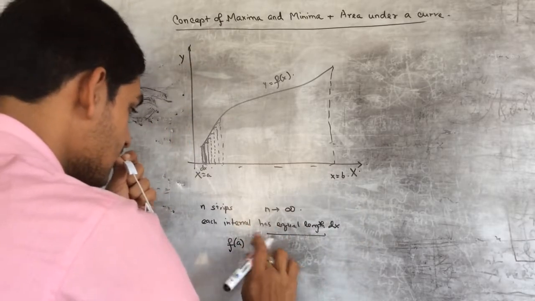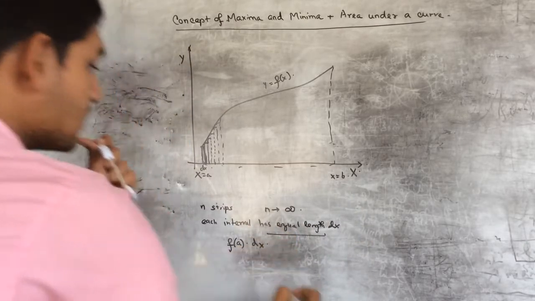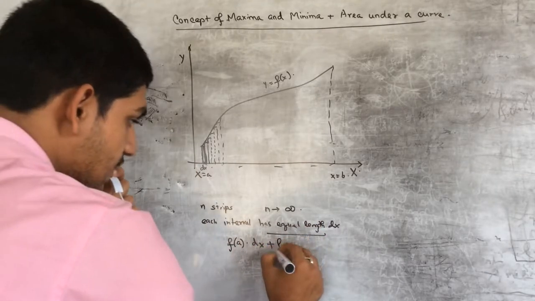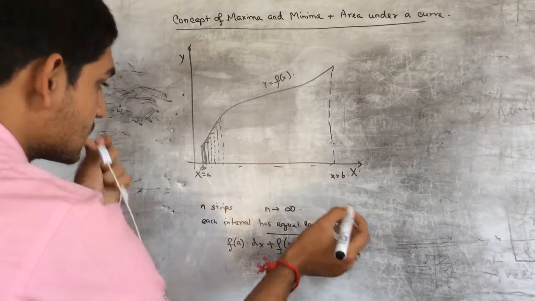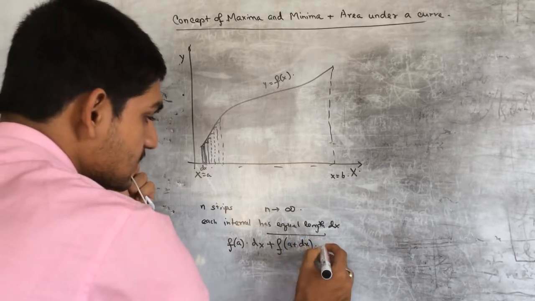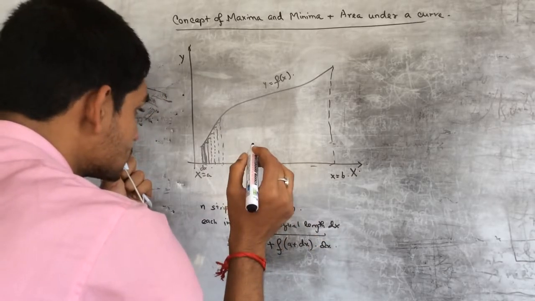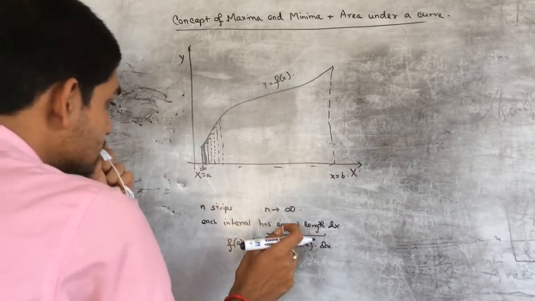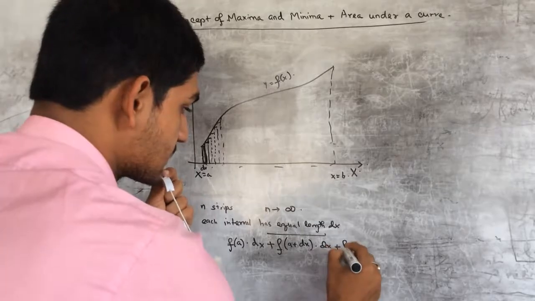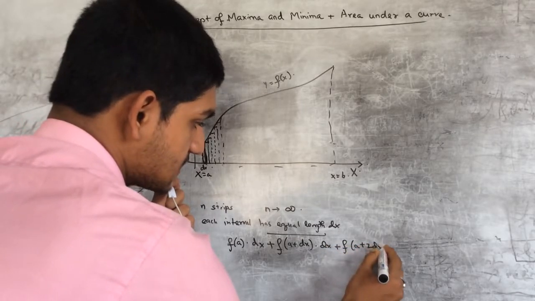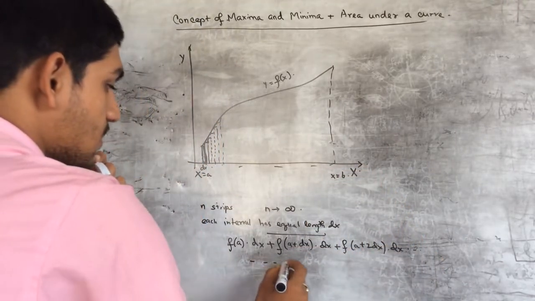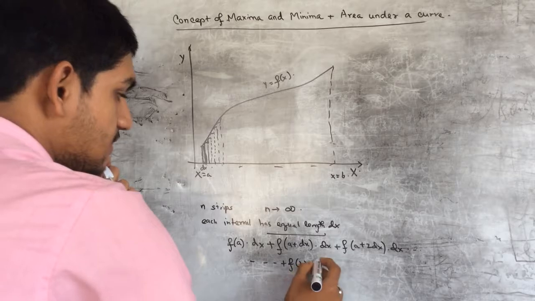So f(A) into dx is the area of the first rectangle, plus f(A plus dx) into dx, plus f(A plus 2dx) into dx, and so on, plus f(B) into dx.